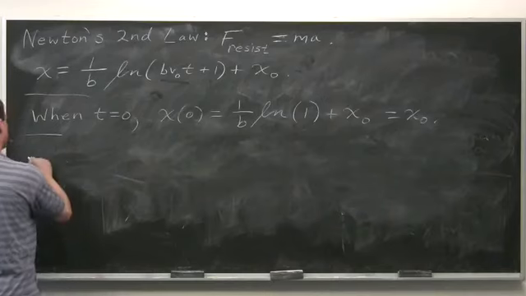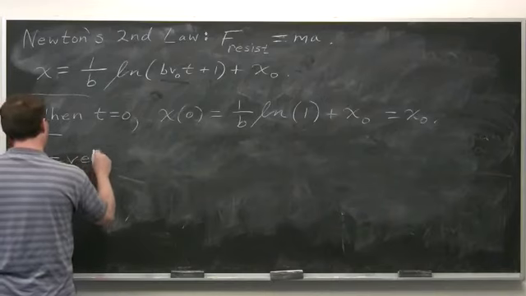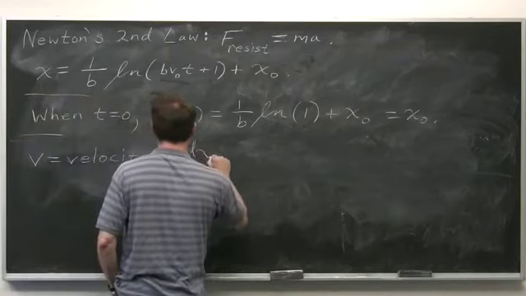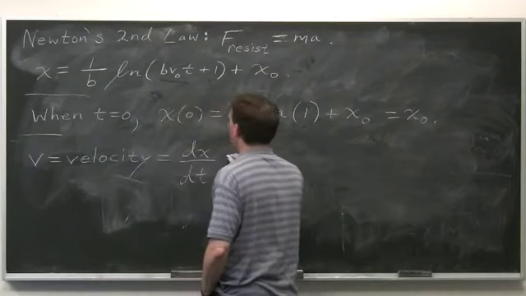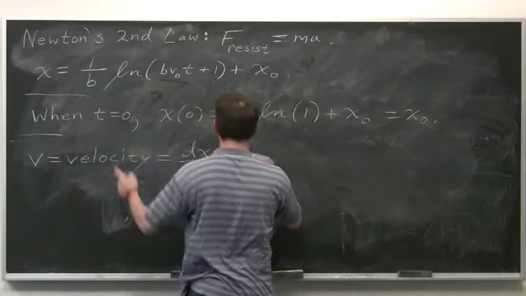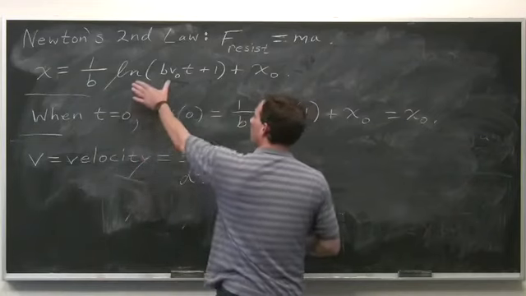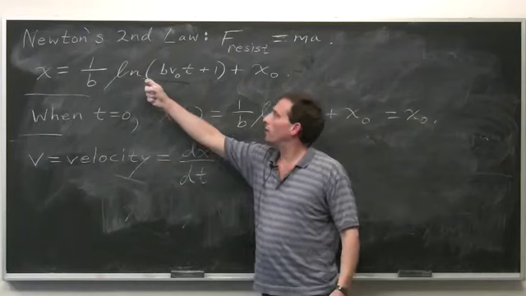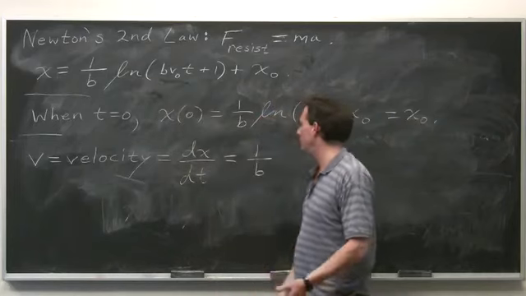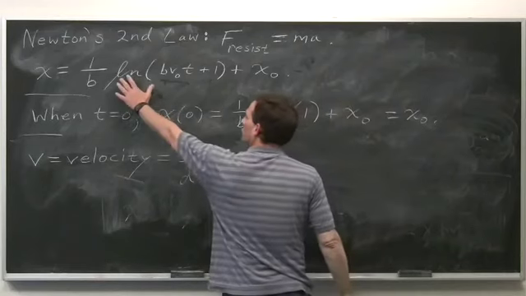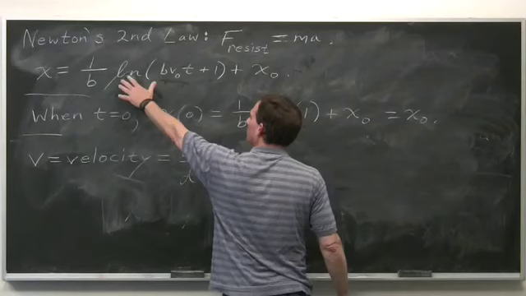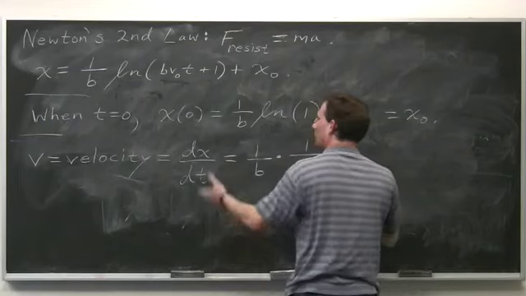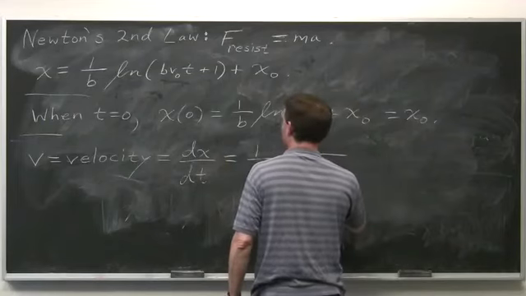Let's calculate the derivative. The velocity is the instantaneous rate of change of the position with respect to time, so it is dx/dt. We know how to differentiate this. This is just a constant, so you just take that constant and multiply times the derivative of this. This is the natural log applied to another function of t, so you have to use the chain rule. You take the derivative of the outside function, natural log, which is 1 over the thing. So you get 1 over the inside stuff exactly how it was.